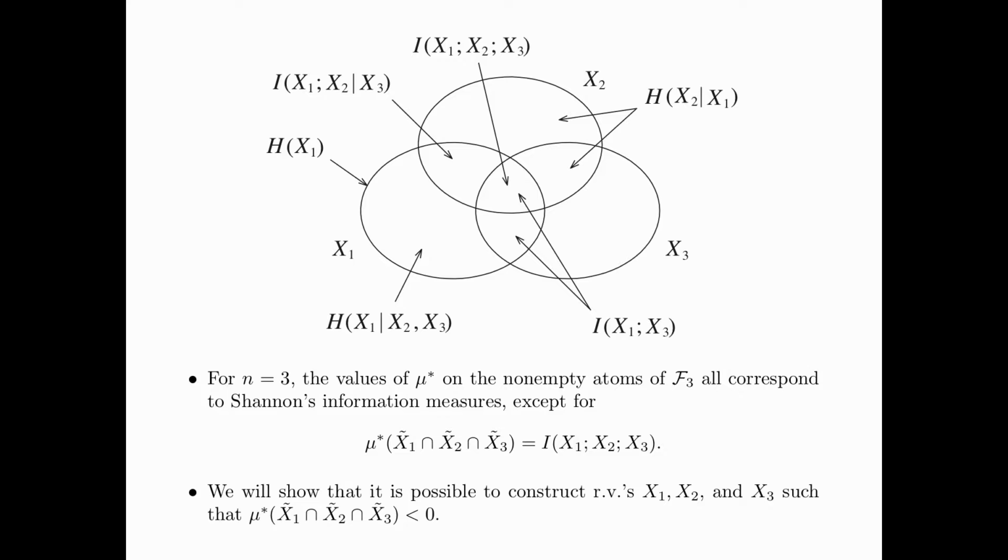In fact, we will show that it is possible to construct random variables x1, x2, and x3 such that mu star x1 tilde intersect x2 tilde intersect x3 tilde is less than 0. We now give an example that shows that mu star can in fact be negative.